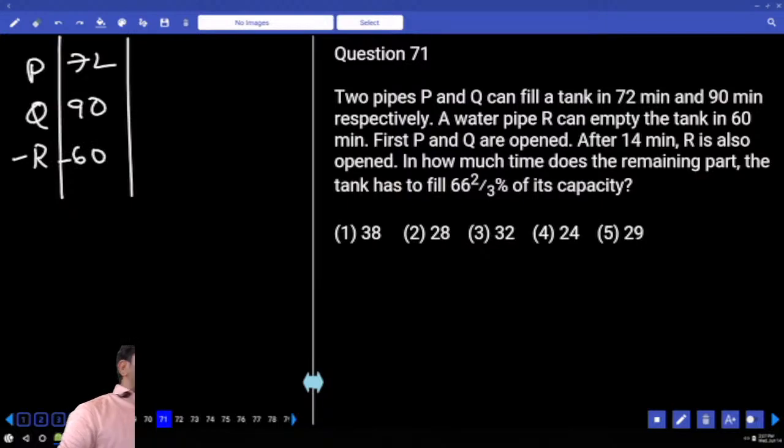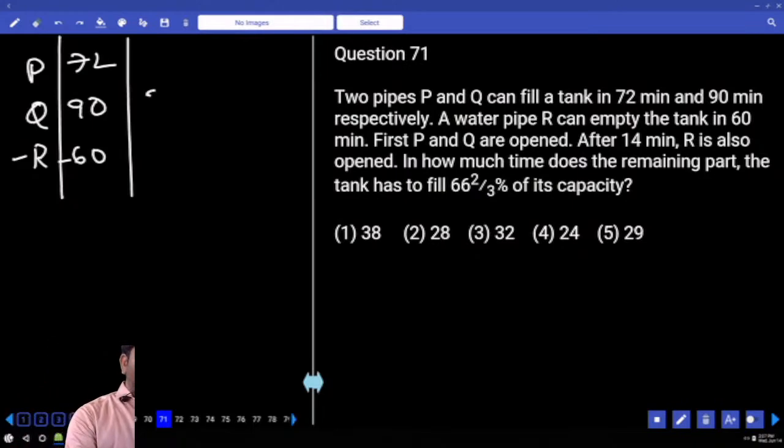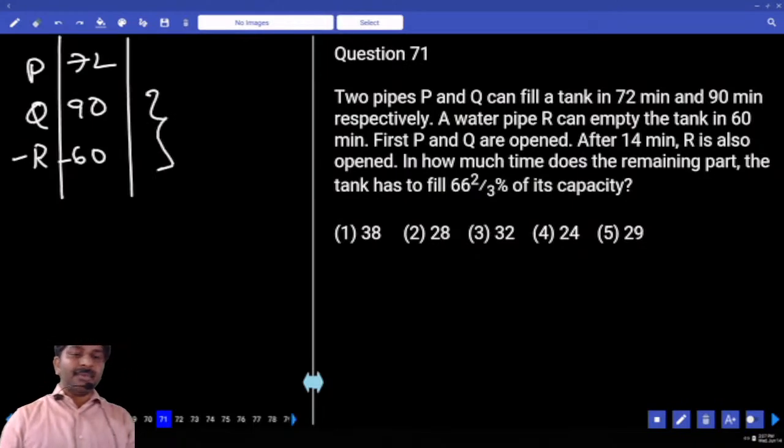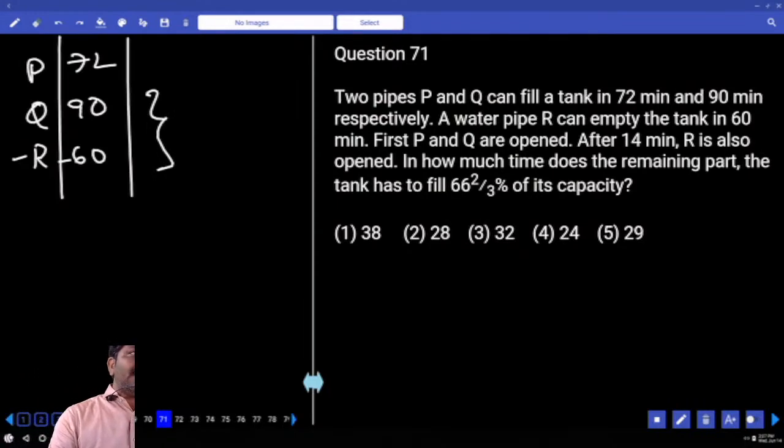Again, to calculate LCM, what numbers do you pick? 90, 60. How much is LCM? Out of these two, which is the larger one? Is 60 divisible in 90? Next multiple is 180. Is 60 divisible in 180?